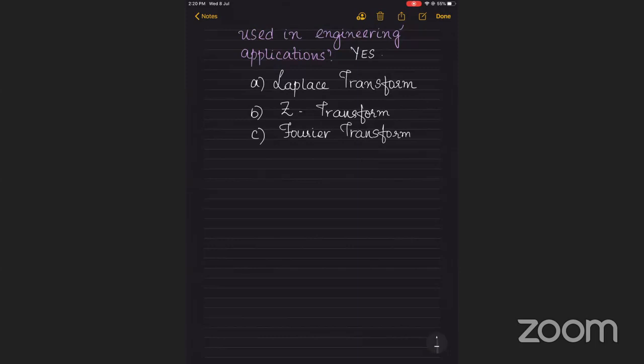This Laplace transform is typically used for all kinds of continuous functions.